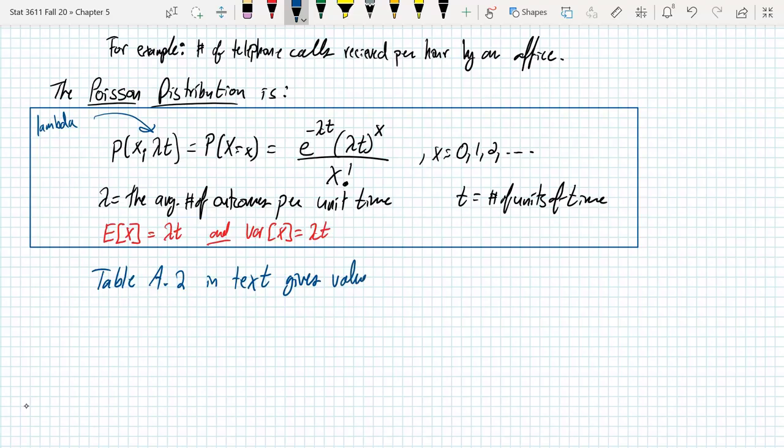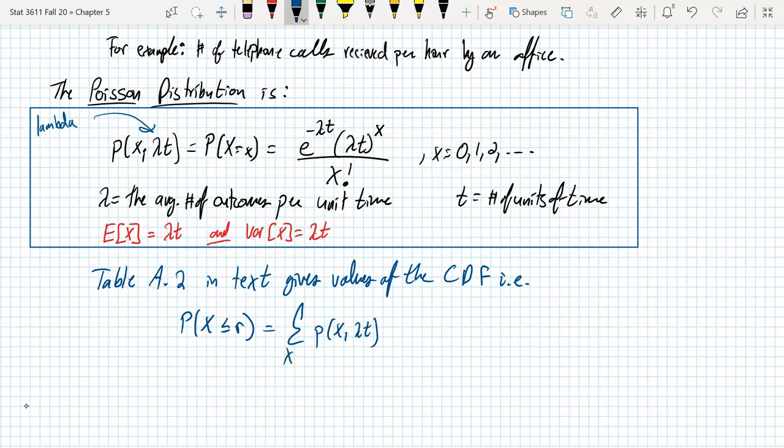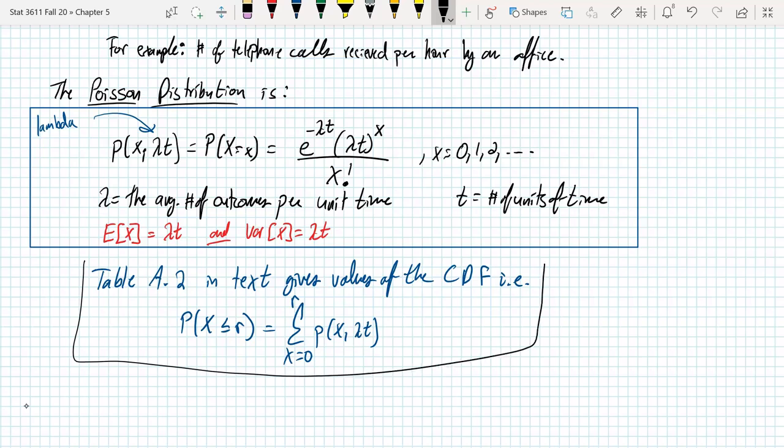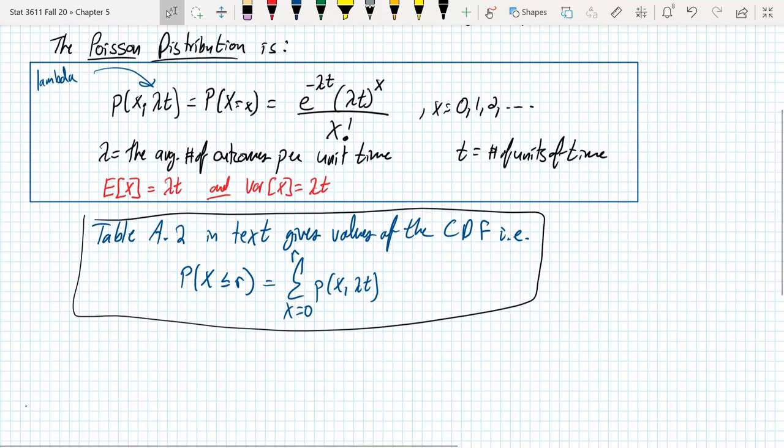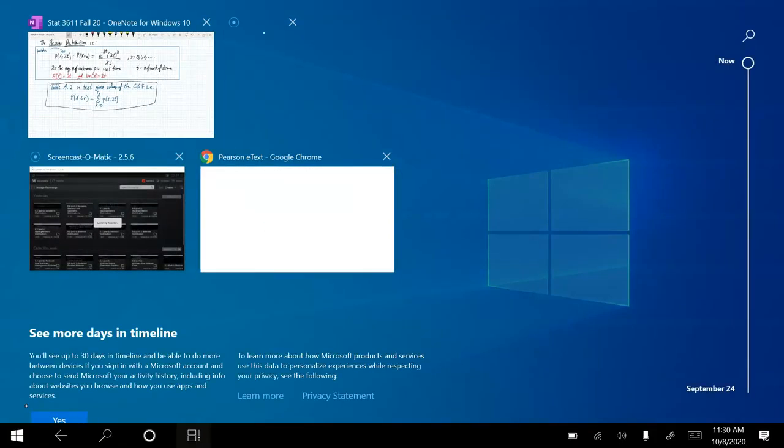It gives values of the CDF, cumulative distribution function, so that's the probability that you get less than or equal to some number of events R. This is just the sum of the Poisson probabilities, parameter lambda T, where X goes from 0 all the way up to R events. Also useful as well. Let's just take a quick glance at what that table looks like here.